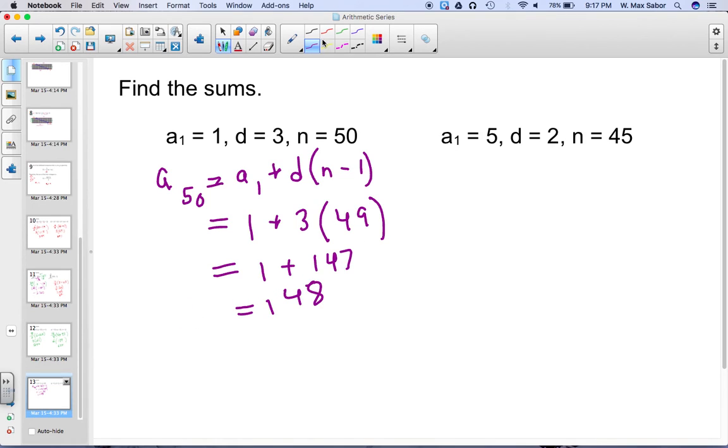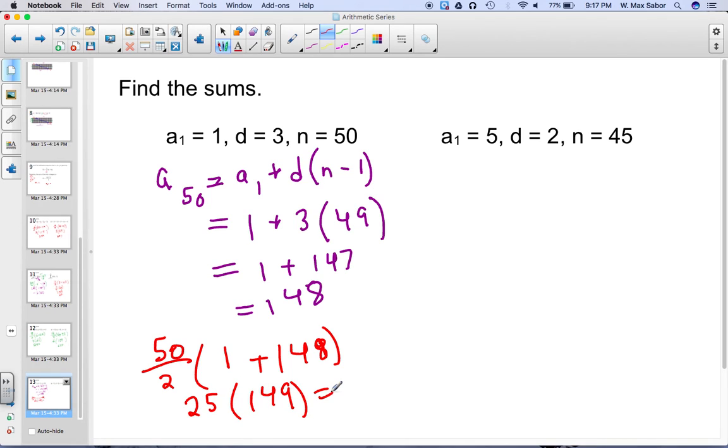And now we can use that in our formula. We have 50 terms. We add the first term and the last term. So we have 25 times 149. That's not easy to do in your head. 3,725.